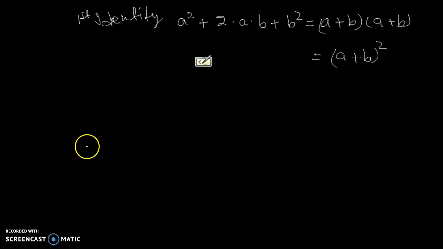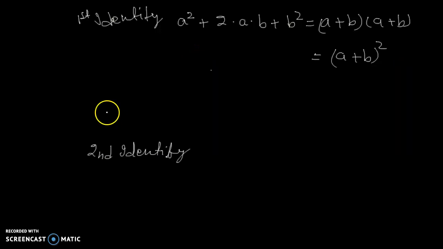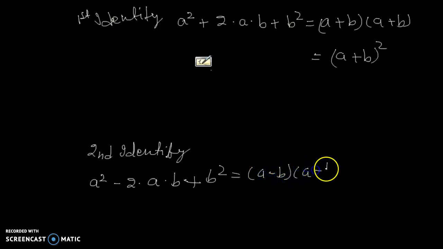And the second identity is a square minus 2 into a into b plus b square. So we can write here a minus b into a minus b, and also can be written as a minus b whole square.